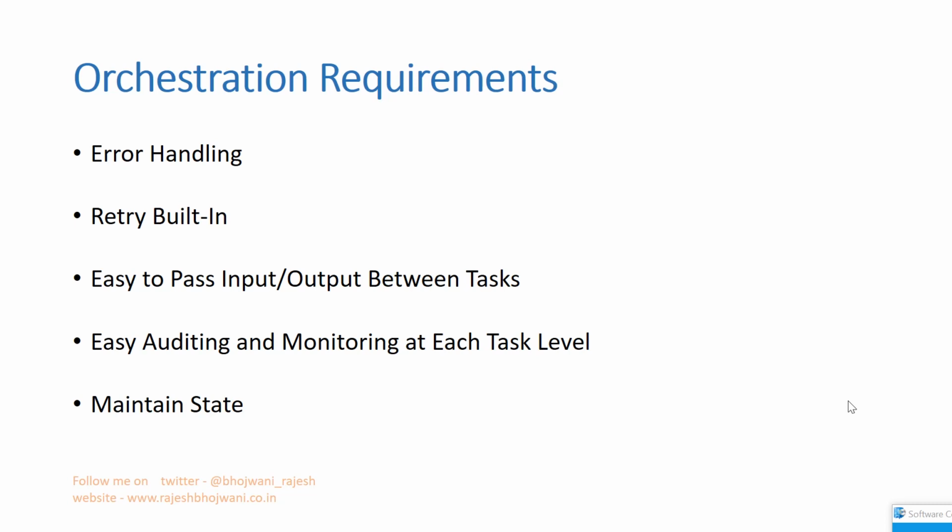Another important thing is maintaining the state, because most of the serverless functions, the lambda functions, are stateless. They don't maintain the state, and while passing the data from one function to another function, you need to maintain the state of those. So these are the main important things required for a solution to get the orchestration of multiple tasks and functions.